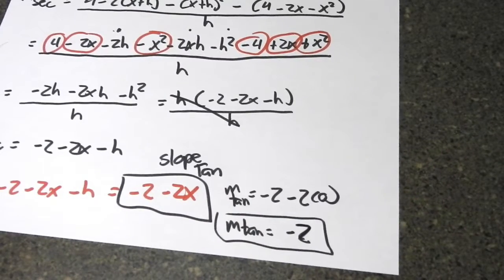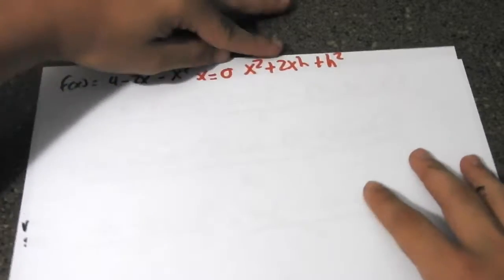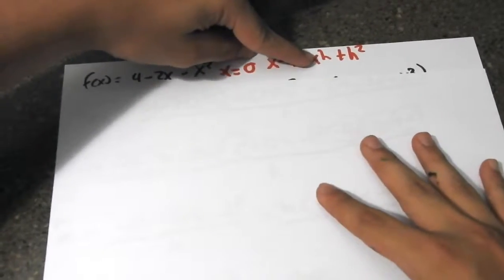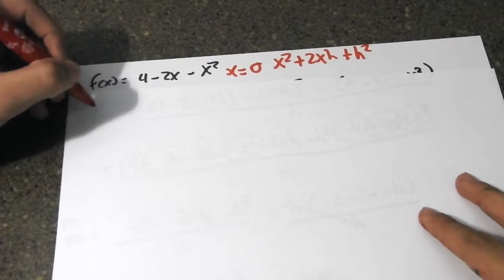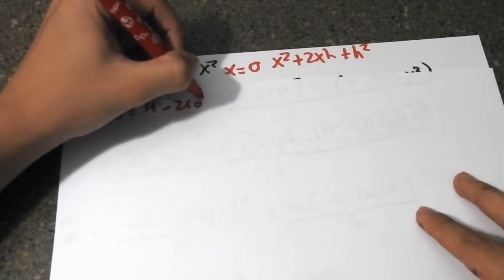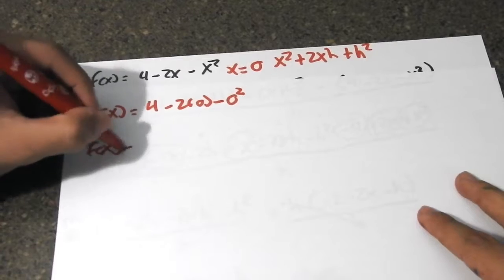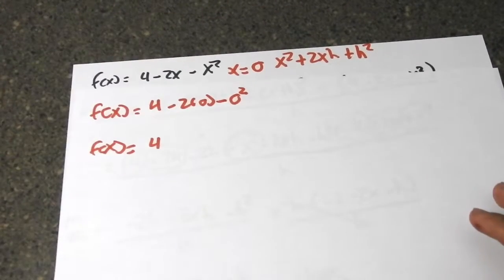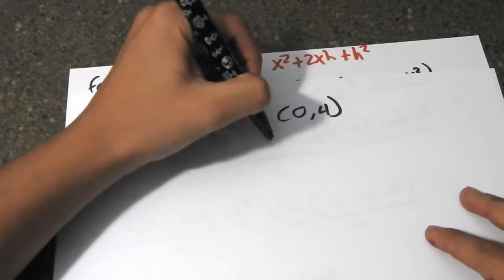Now we have the slope. We just need one more thing to get the equation, which is a point. We get the point by evaluating the function at the point that we're being asked. So we're going to evaluate this function when x equals 0. We're going to have f of x equals 4 minus 2 times 0 minus 0 squared. We have f of x equals 4. So our point is (0, 4), and our slope is negative 2.